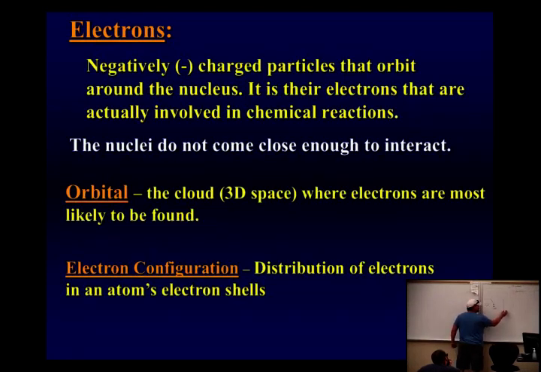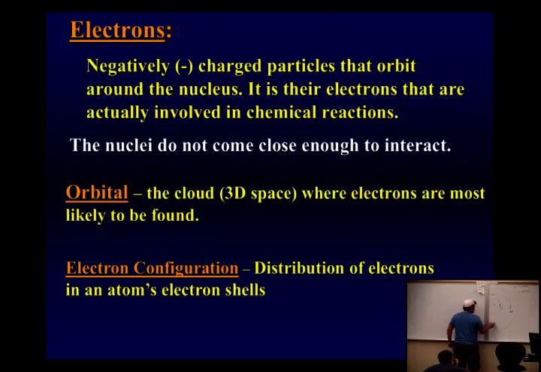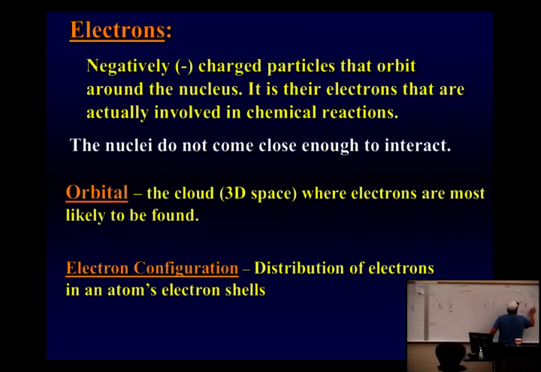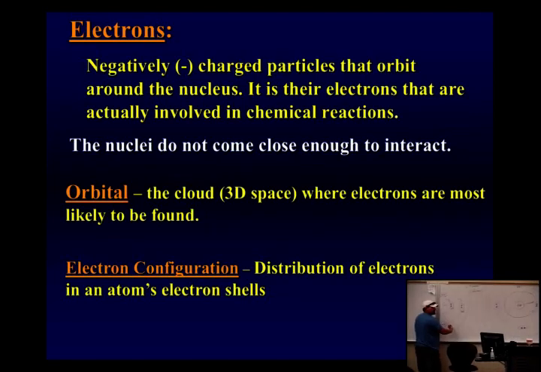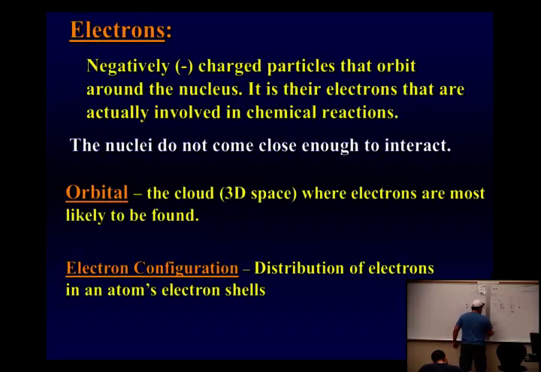Second has 8. I'm going to box these off so you can see that these are paired electrons. All right, and so we have 10, and then how many do I have on the outside then? 7. So 1, 2, 3, 4, 5, 6, 7.